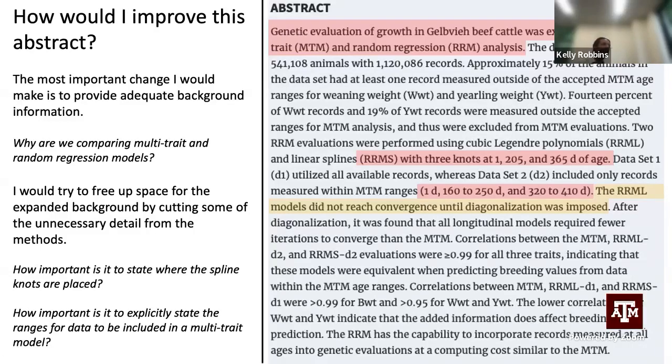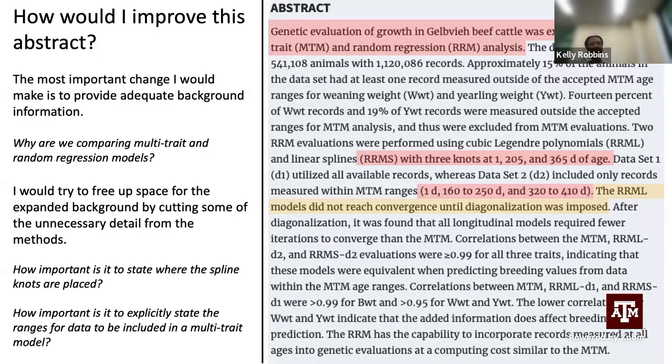Like, does the fact that my spline function had the knots at day 1, day 205, and day 365 really crucial information to have in the abstract? No, it's not. I mean, knowing this is not going to have any impact on whether or not this is a paper that I think I need to read.